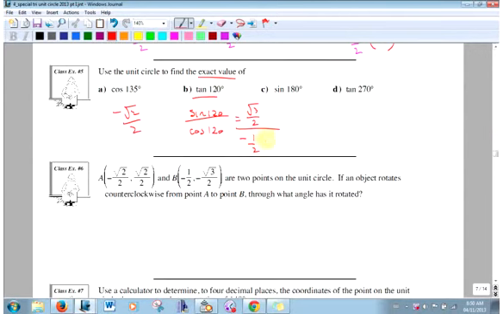Okay. Times both by negative 2. That's gone. And that's negative. 2's cancel out. Negative root 3. That one might have been easier doing it the old way, right? What's the reference angle? In quadrant 2, tangent's negative. Reference angle 60 degrees. Look up tan 60, root 3. Okay?